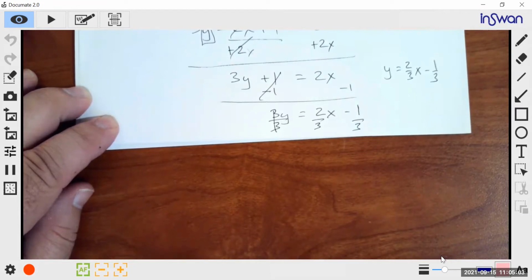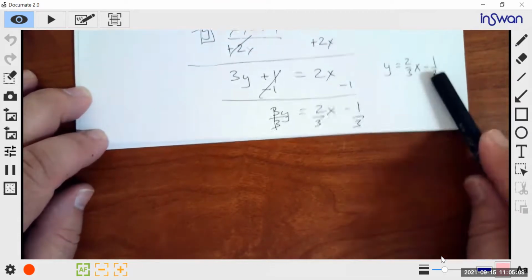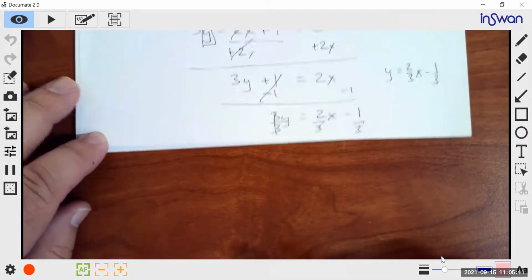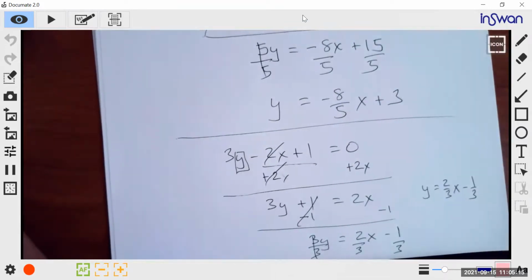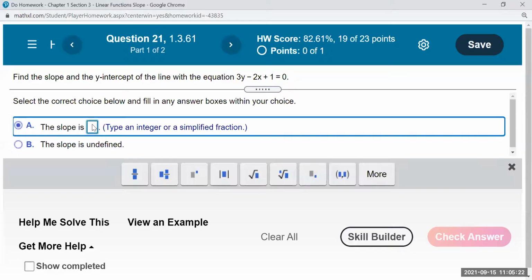So the slope is 2 over 3. And the y-intercept is at negative 1/3.